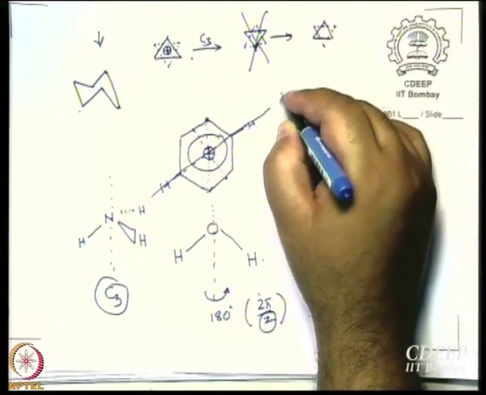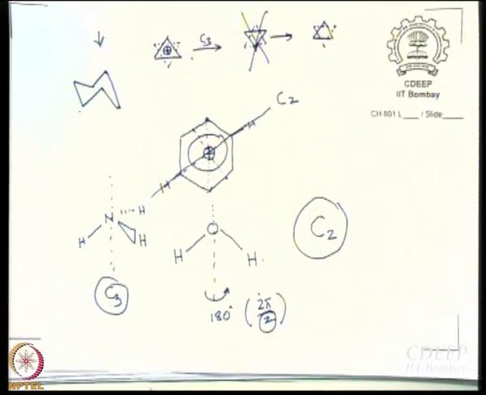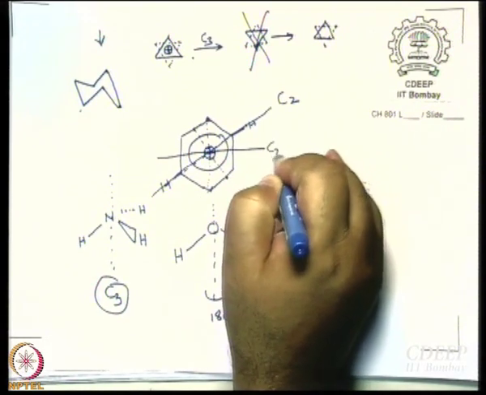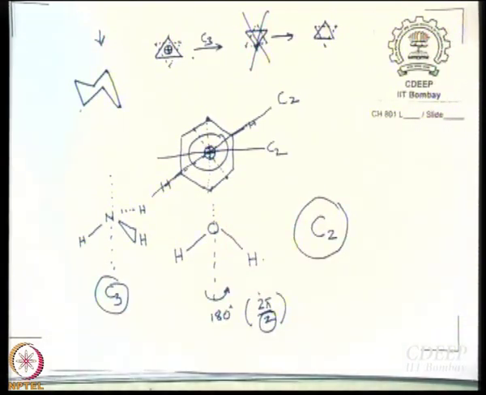How many such C2s will be there? 3 will be there. Anything else? Very good. So, this is another kind of C2. Right. So, how many total axes of symmetry are there? 3 plus 3 plus 1, 7. Out of which C6 is the principal axis of symmetry.